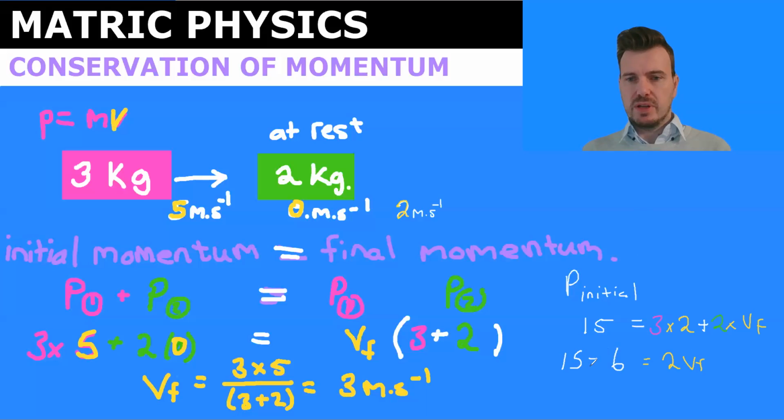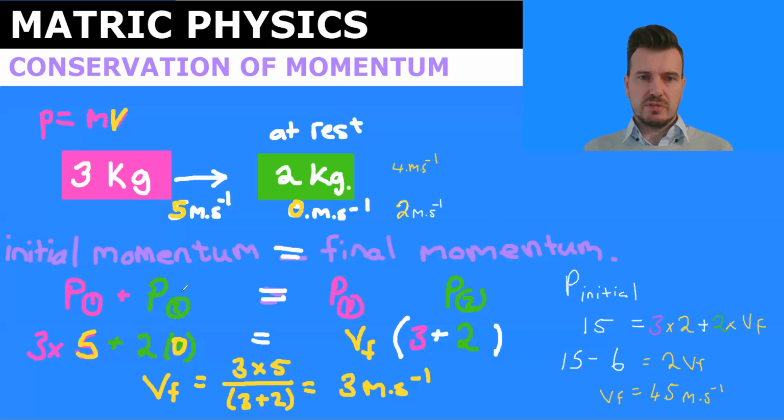And so that would be 9 over 2. So V final equals 9 over 2, which is 4.5 meters per second. So we see the second object will shoot off at 4.5 meters per second. And because it's the same sign, we know it's the same direction.